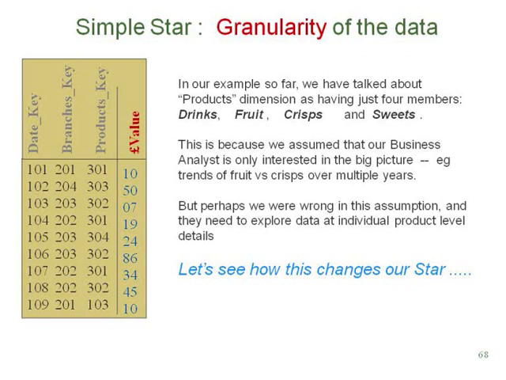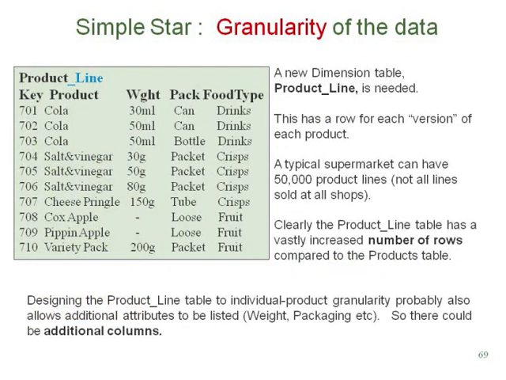But possibly we're wrong in this assumption, and we discover that the business analysts need to explore their data right down at the individual product level. So let's see how that changes our design of the star. Well, here is a new dimension table, not based on products, but based on product lines.